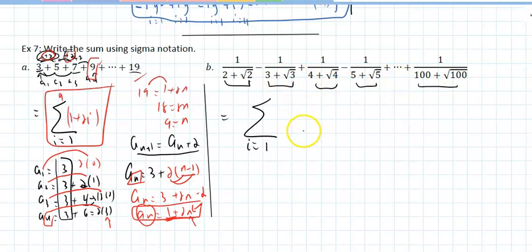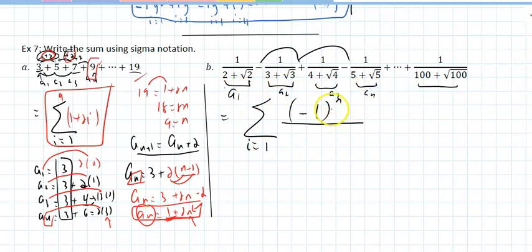So if I start, they all have a 1 and it's negative raised to the n power because it's alternating. The denominator, it seems to be, if this is a sub 1, this is a sub 2, this is a sub 3, this is a sub 4. Well, if this is 1, that's 1 more. This is 2, that's 1 more. This is 3, that's 1 more. So this is 1 more than whatever n is.